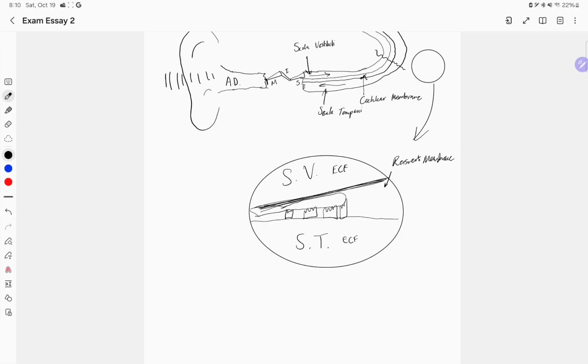And then down here we have our basilar membrane, which is very important. And this area here is collectively referred to as the organ of Corti.